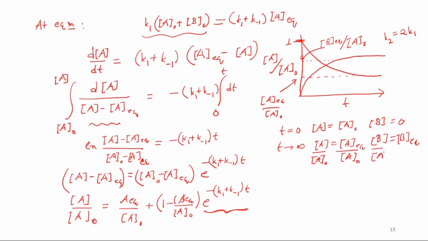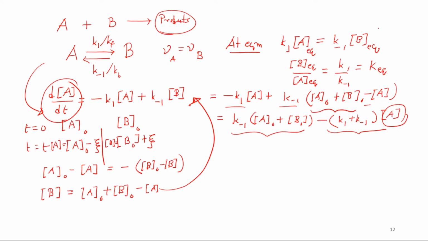That doesn't matter because the ratio will still be the same, because A0 is just a constant. So you can think that if it is 2 to 1, then this value will be about 0.33, and this value will be about say 0.66 or so, because if we add A equilibrium plus B equilibrium at any time, you can see the mass balance that we wrote earlier, that at any point this should hold.